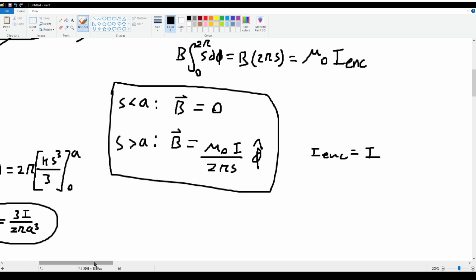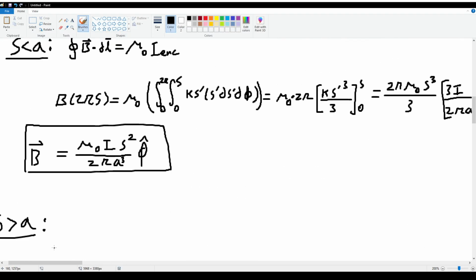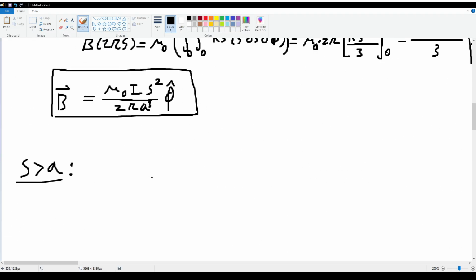So the Amperian loop is still around the same I. So in this case, it's just this, by Ampere's law.